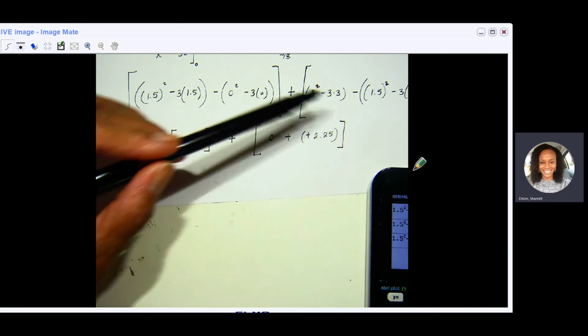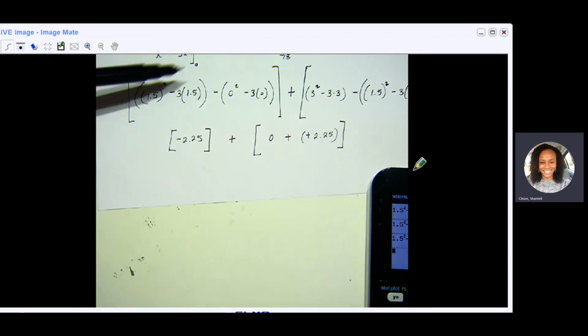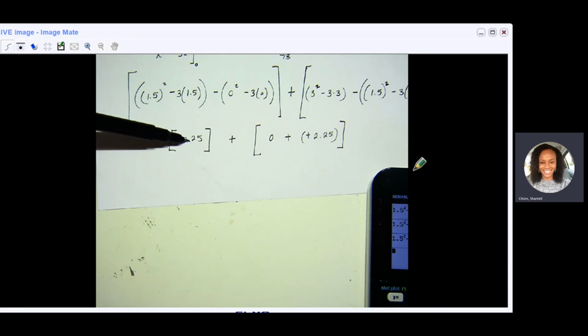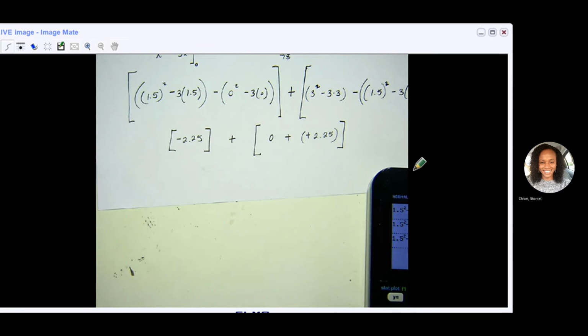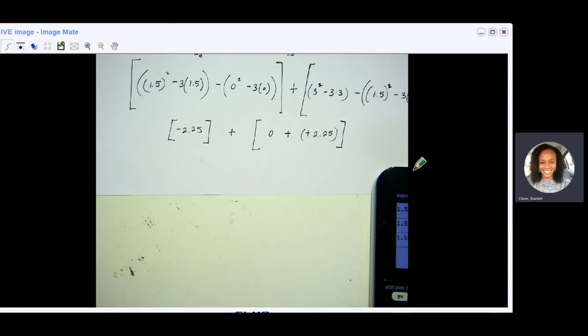So 0 minus a negative becomes plus. So over here, this is negative. They're not supposed to cancel out. My area is not 0, so my signs are off somewhere. And I'm trying to see what I did that's throwing off my signs.